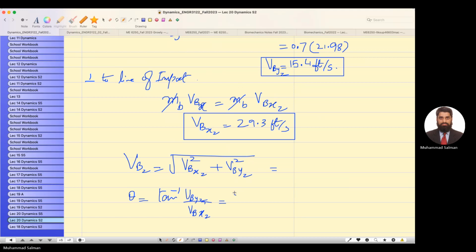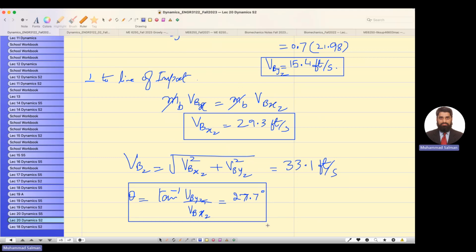What's that? 27.7. Any genius sitting in front of me? 33.1 is the final velocity magnitude. Anyone else who confirms the angle of the shooting ball after it lands on the floor? 27.7? Yes, he confirms 27.7.